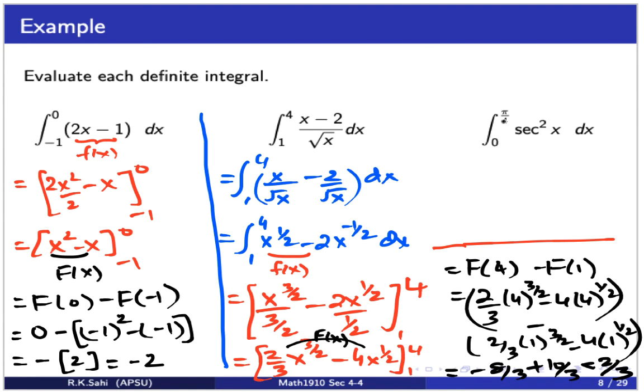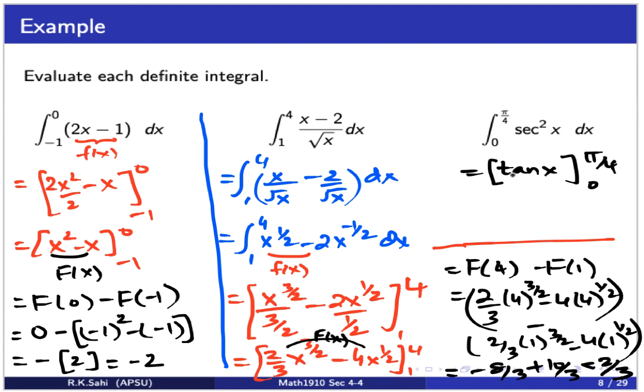Now let's look at the integral from 0 to pi over 4 of secant squared x. If you guys remember, the integral of secant squared is tangent x. So this is very simple. It is tangent x from 0 to pi over 4.